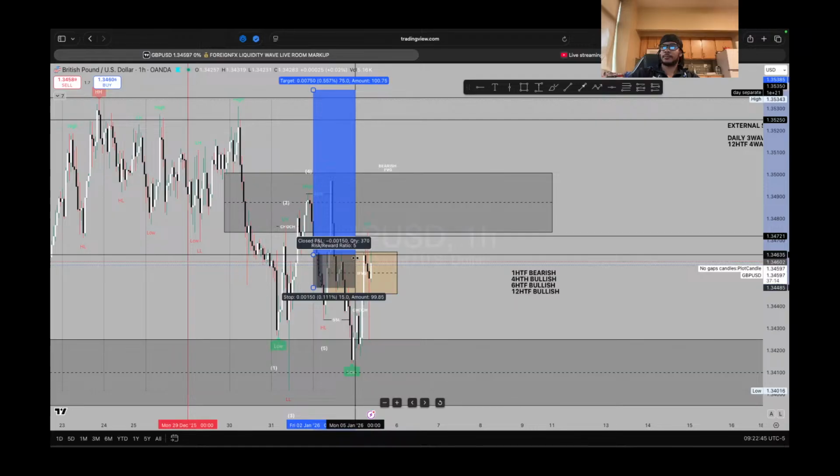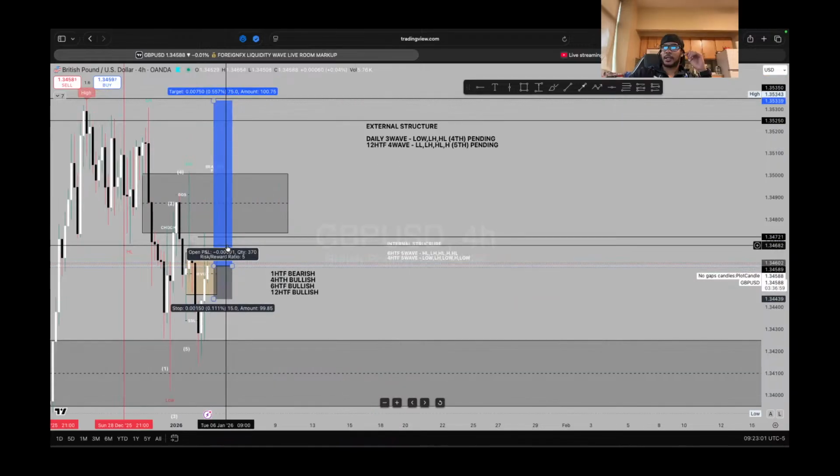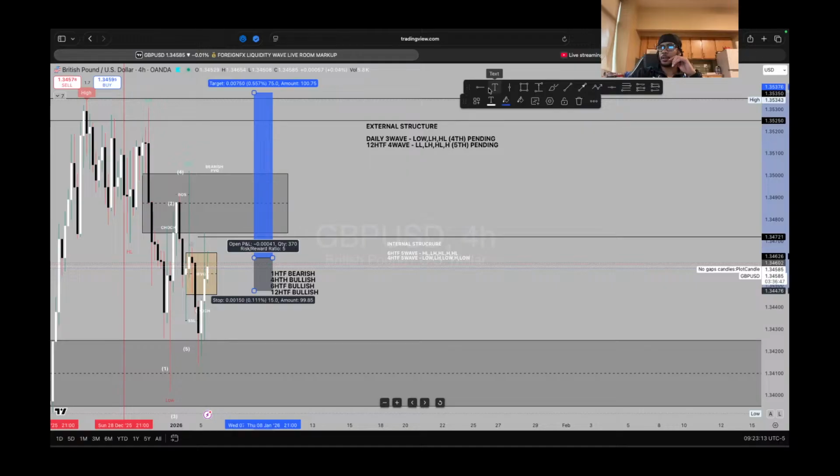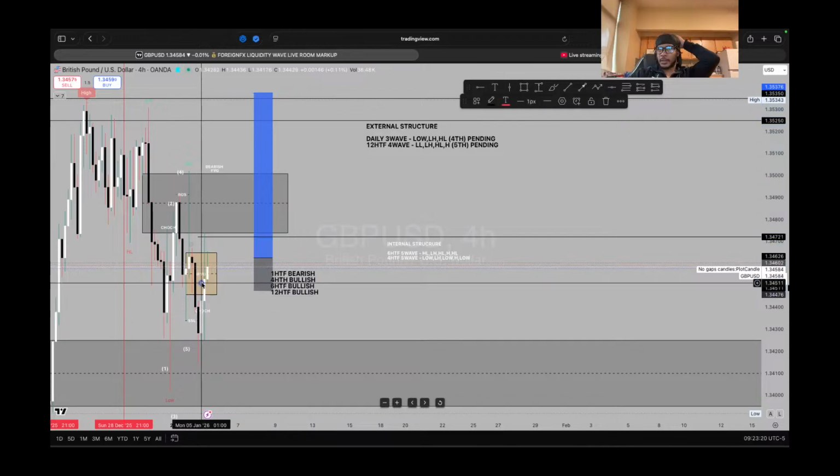This new 4 hour candle is creating a fair value gap. I'm not trying to be in this trade until price comes back to fill that fair value gap. So I want my stops to be below it. Let's mark it out.